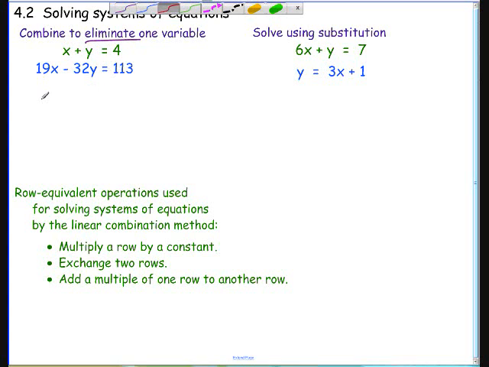So let's try something different. Suppose I try eliminating y. I'm going to get rid of my y. So what do I need to multiply this whole thing by? A 32. I'm planning to add. So if this is negative 32 and this is positive 32, those will zero when I add. Okay, so everything here by 32.